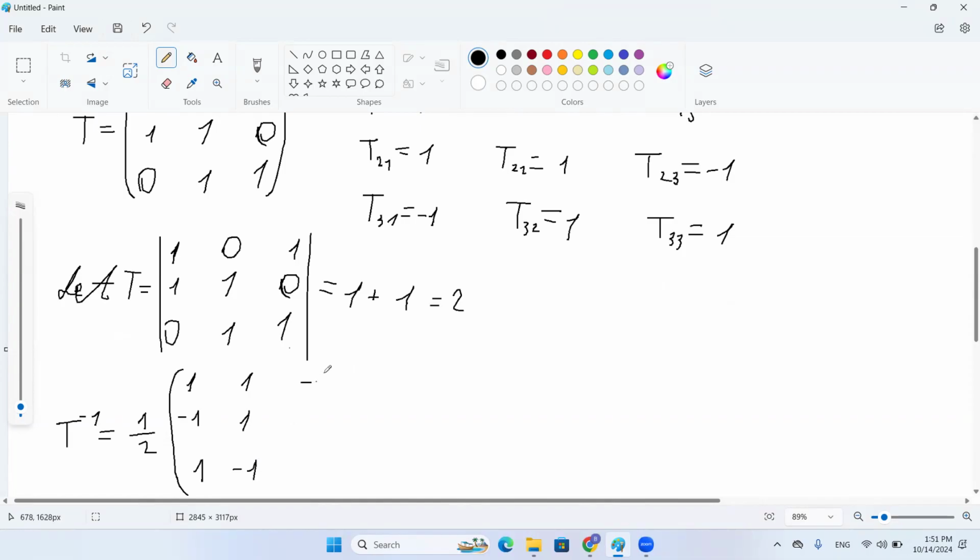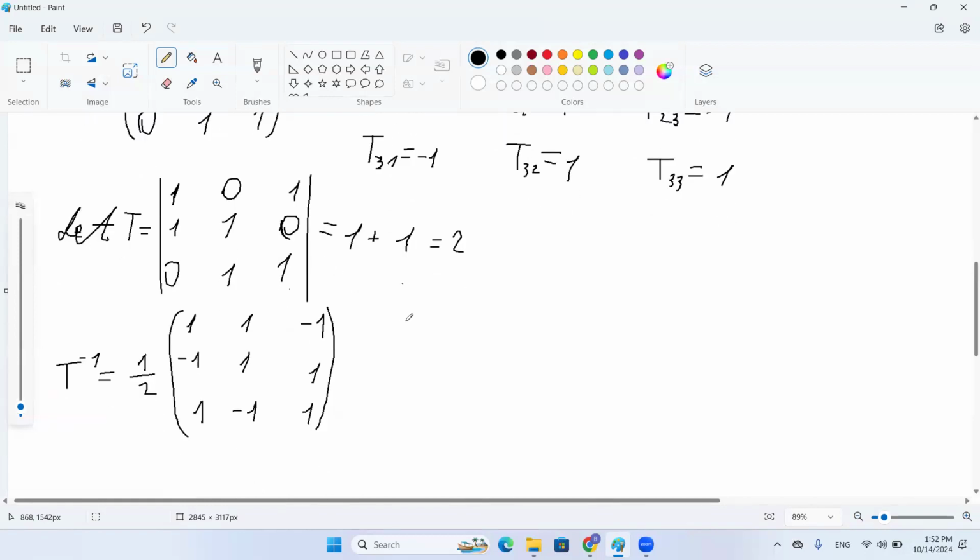And then -1, 1, and 1. So we transposed it now. It doesn't matter when you transpose in such case, but be careful, don't transpose it twice, because it will be incorrect.